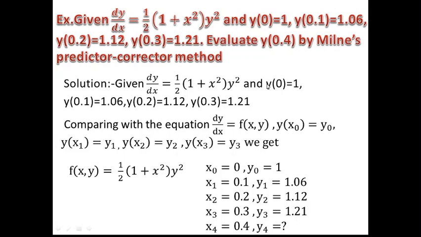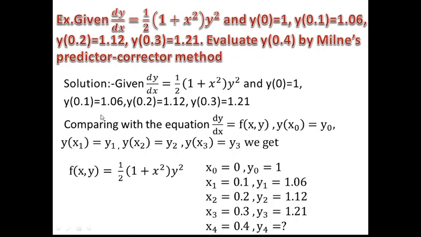So this is the given equation, we will compare it with the standard form. What we find is f of x, y is half of 1 plus x square into y square. Now compare y of x0 equal to y0. So you will get x0 is 0, y0 is 1.